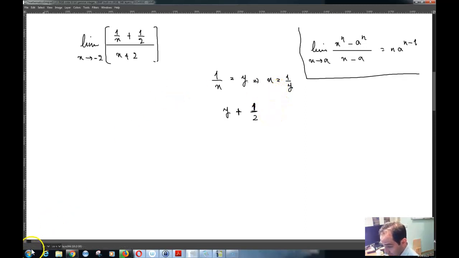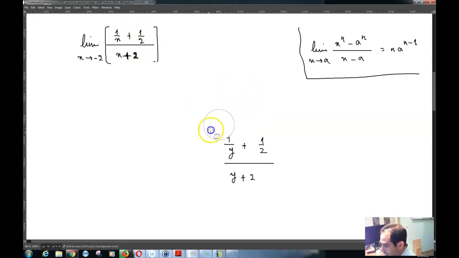Let's see. Okay, so it seems that there is a much easier way to solve this problem. You don't really need to do all of this, because I tried many different ways and it was not possible to do it that way. So we evaluated the numerator and denominator at x equal to negative 2 and got 0 by 0.